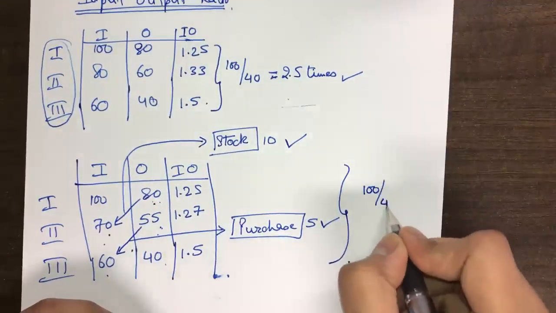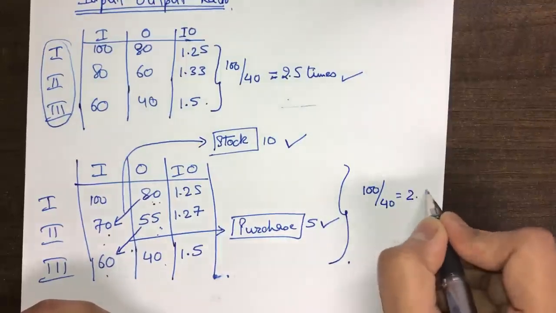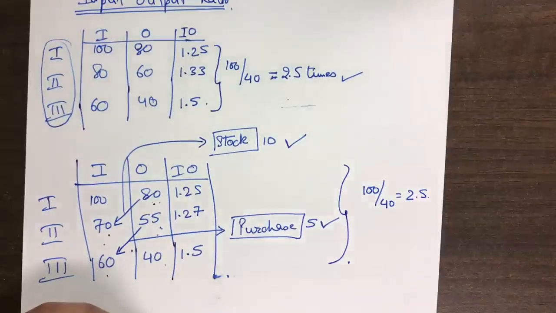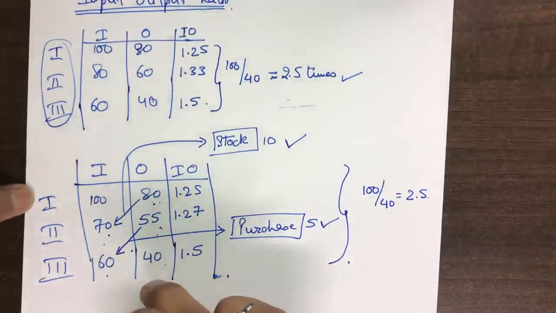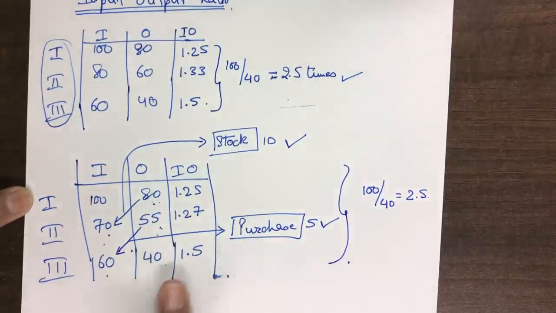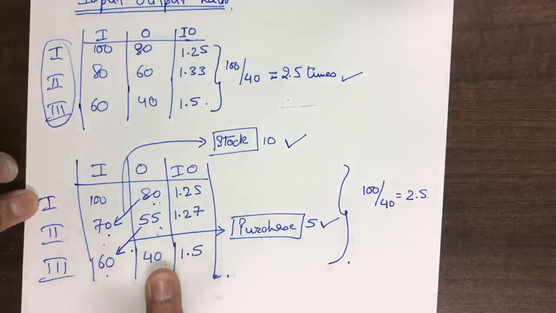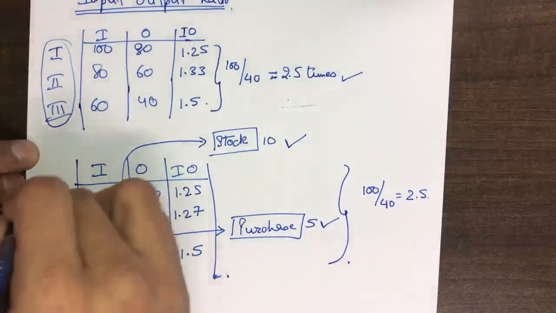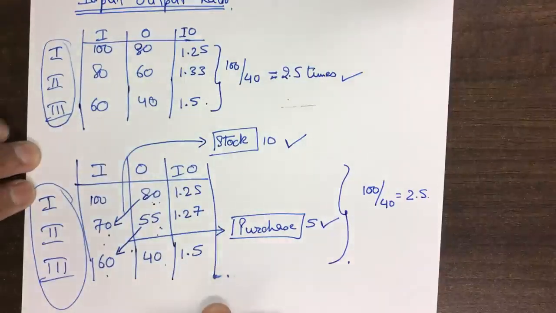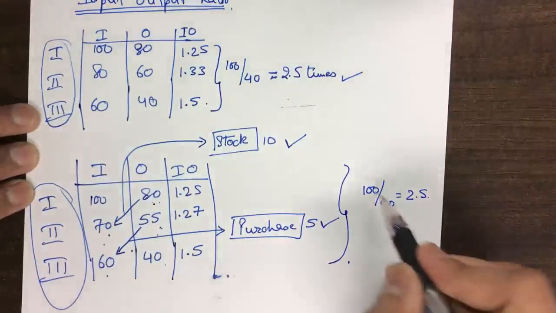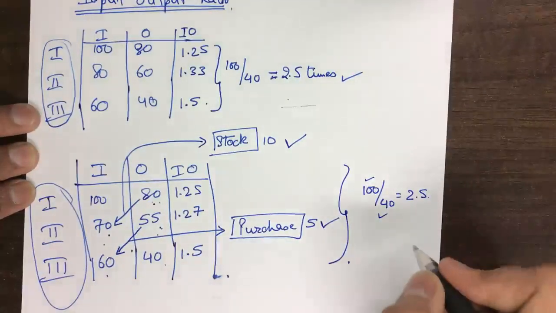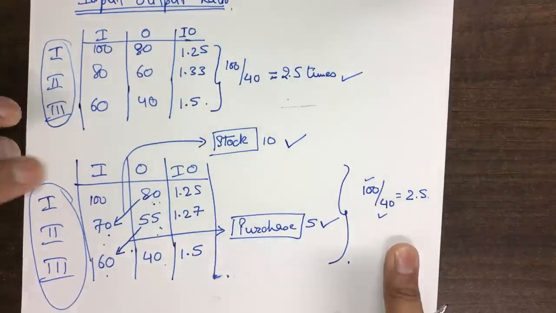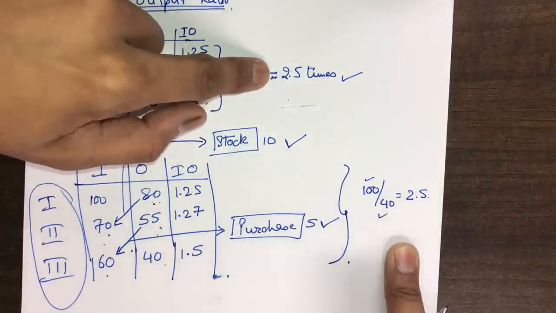Sir, 100 divided by 40, 2.5. So 100 units introduced in first process gives me an output of 40 units in the third process. So the input output ratio of the entire 3 processes taken together is computed by dividing 100 with 40, and the answer should be 2.5, which is same as the earlier answer of 2.5.